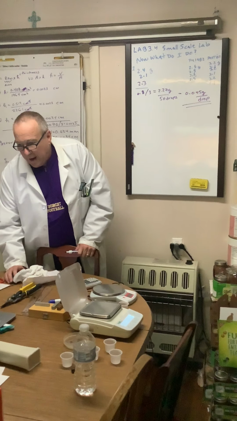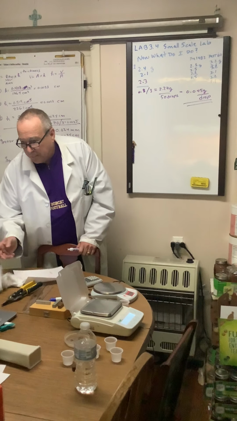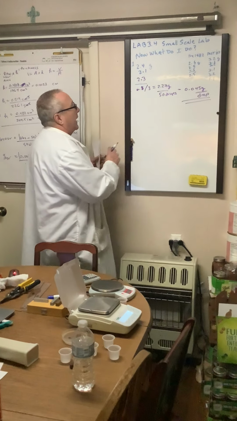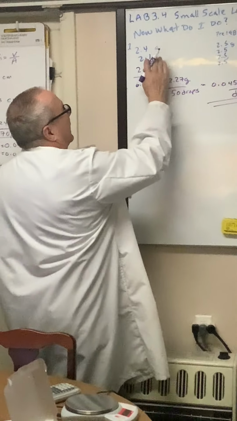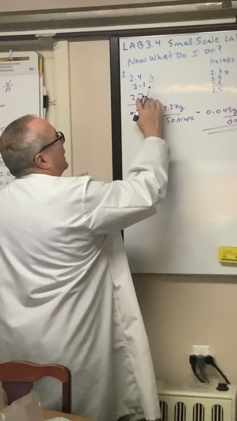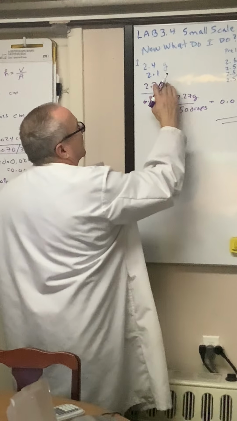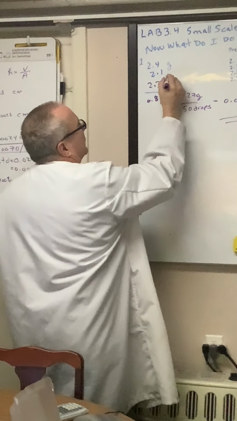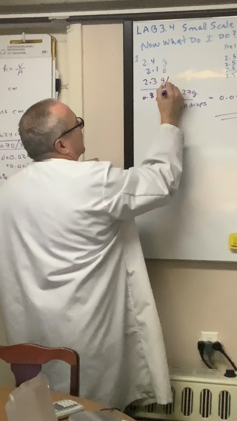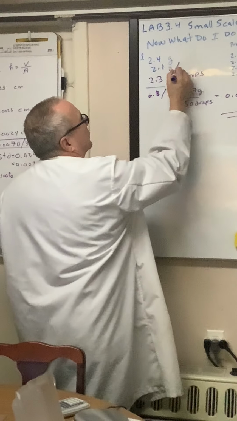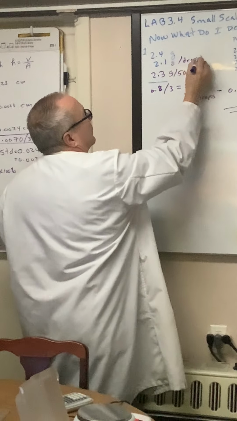It says, what is the average mass of a single drop of water in milligrams? So, I've already done that. I have my measurements here, and this is the measurements you put up above in the data section. These are the measurements, this many grams in each case per 50 drops. So I can do this average several ways.